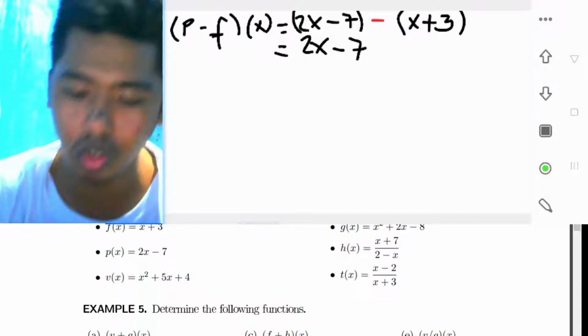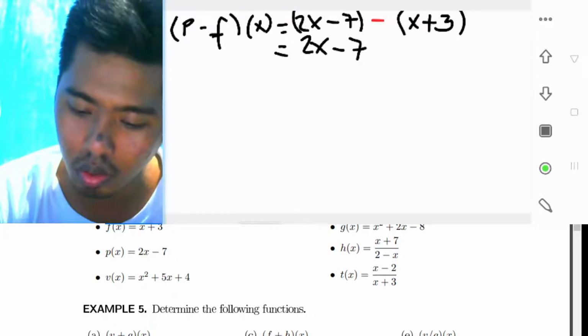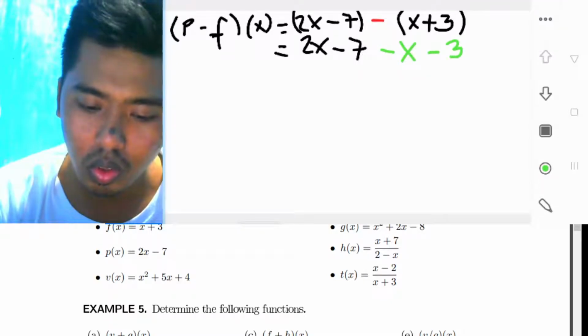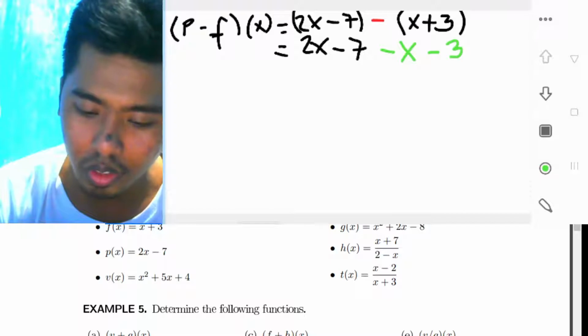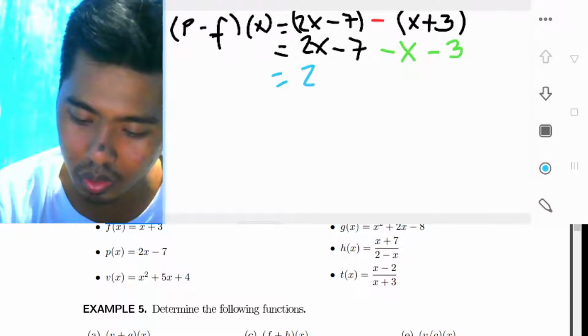In our operation, so that we can multiply this one, this negative times positive x, so that would become negative x. So negative times positive 3, so that would become negative 3. After that we add like terms, so equal to x, that would be minus x.